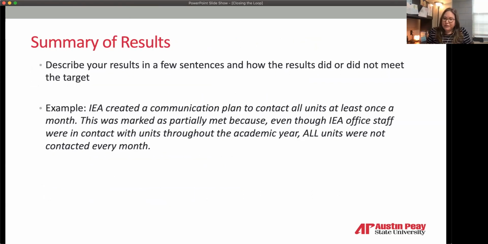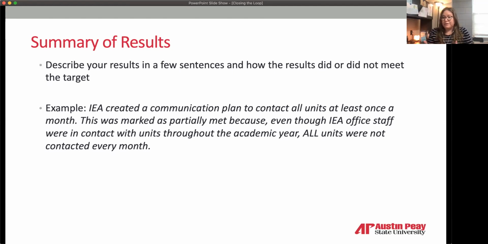So you will need to provide a summary of your results. We ask you just for a few sentences about how those results did or did not meet the target. We provided an example here from our office: we created a communication plan to contact all units at least once a month. This was marked as partially met because even though we were in contact with units throughout the academic year, all units weren't contacted every month.